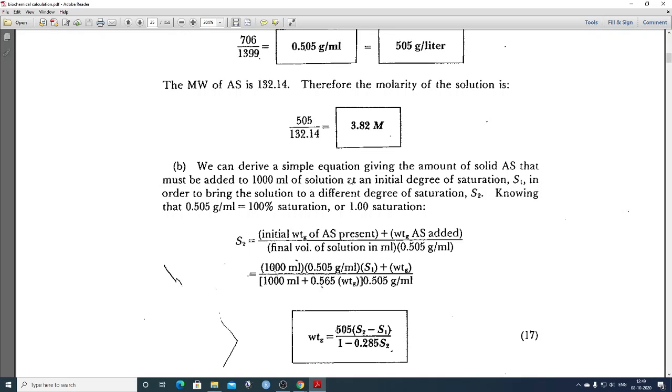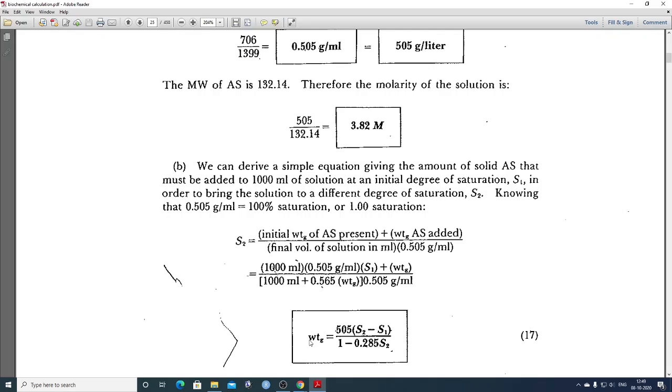So 1000 ml multiplied by the initial weight 0.505 gram per ml multiplied by S1, plus the weight in grams, divided by 1000 ml plus 0.565 times the weight, multiplied by 0.505 gram per ml.